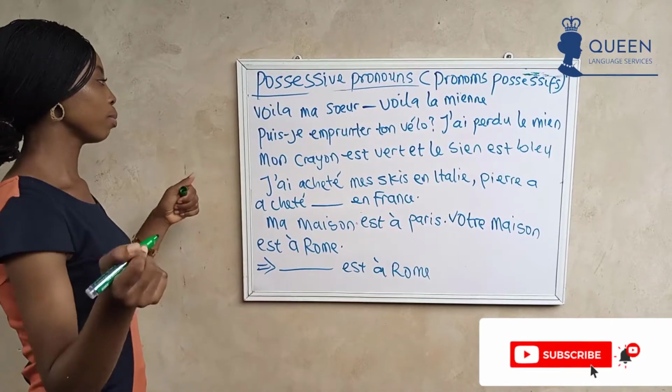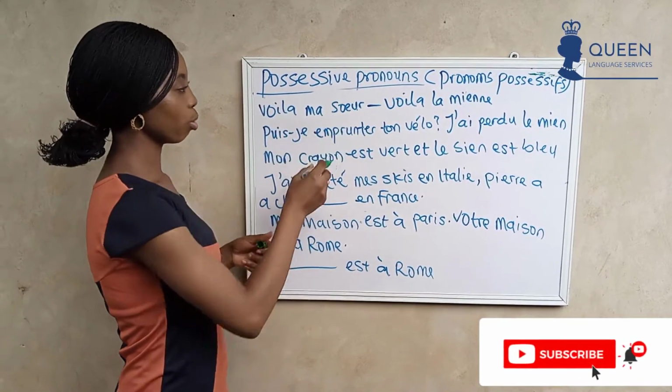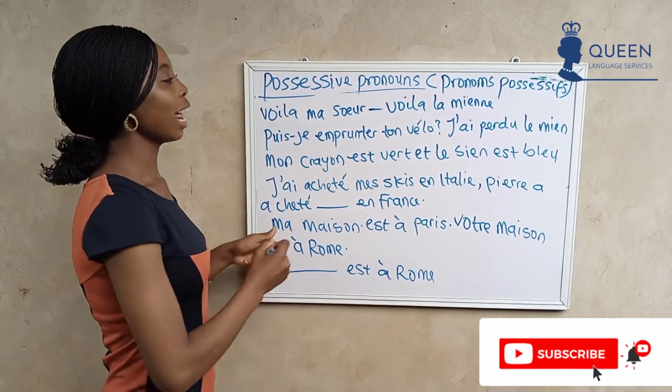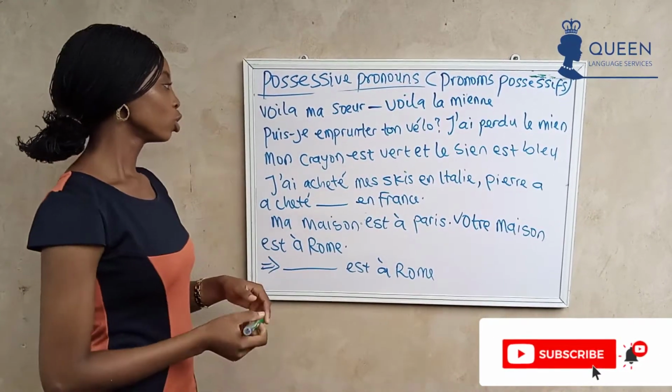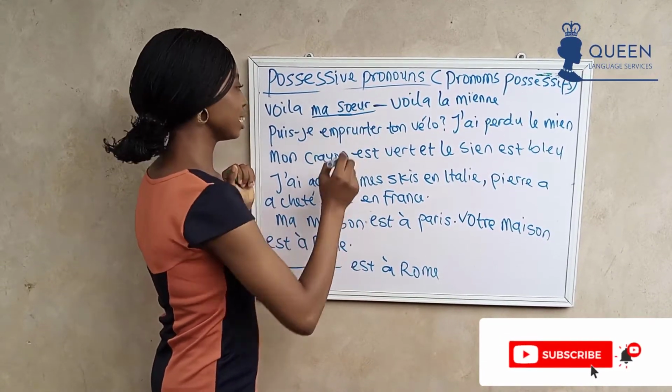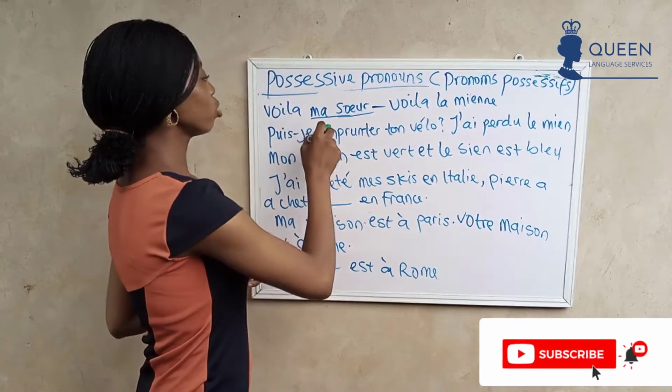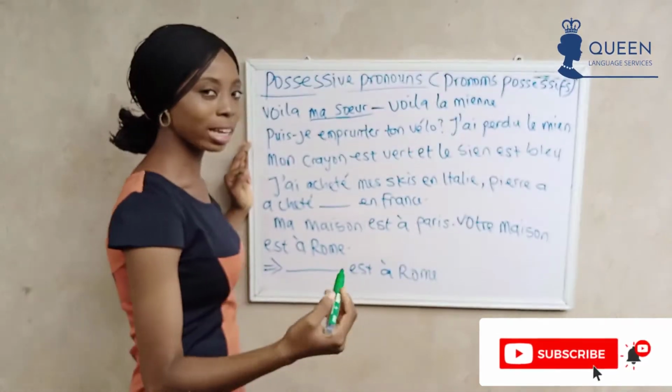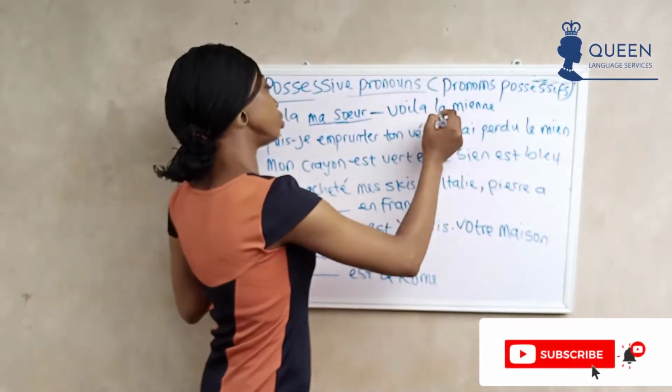For example, we have something like voilà ma soeur, voilà la mienne. Okay, so this is the noun in the context with our adjective. So this ma soeur is being replaced by our possessive pronoun to be la mienne.